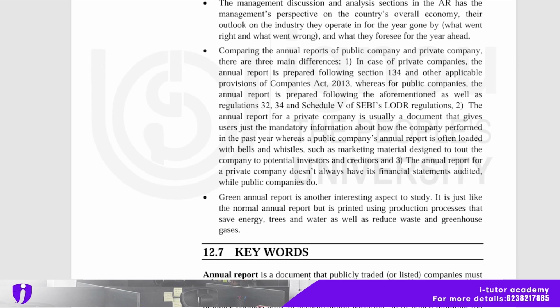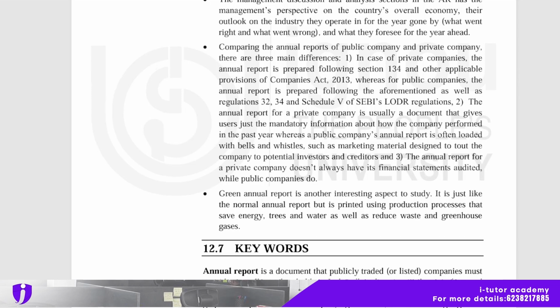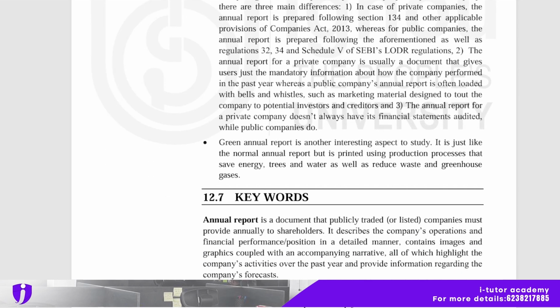And comparing the annual report of a public company and a private company, there are three main differences. In case of private companies, the annual report is prepared following section 134 and other applicable provisions of Companies Act 2013, whereas for public companies, the annual report is prepared following the aforementioned as well as regulation 32, 34 and schedule 5 of SEBI's LODR regulations.